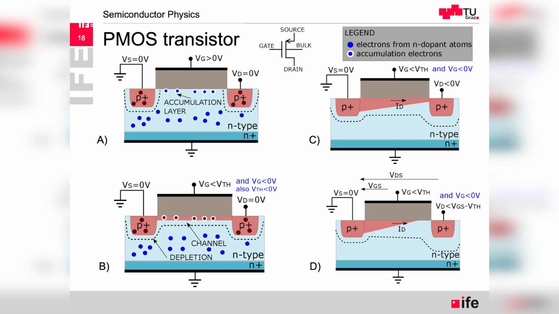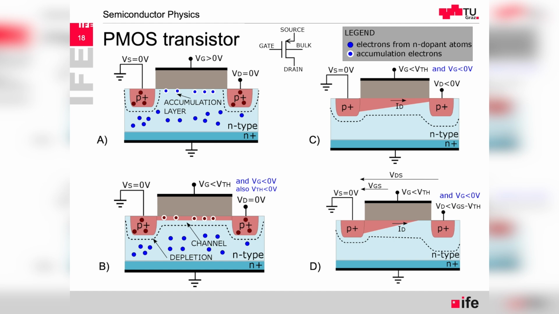Then, in picture B, we apply gate voltage which is more negative, but it still didn't reach the threshold voltage, but the threshold voltage is negative. So we have to keep that in mind. We decrease the gate voltage, and thanks to that, we repel the electrons from the bulk, from under the channel.